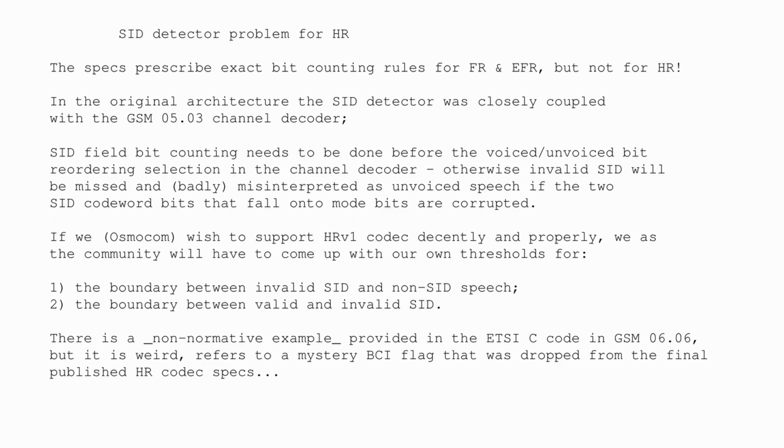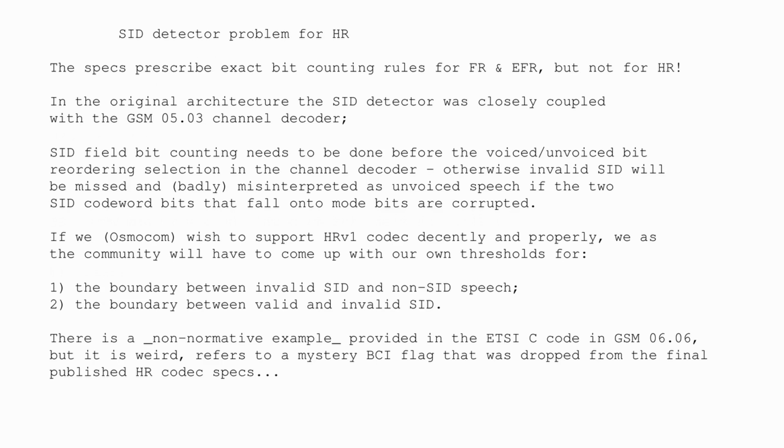In the case of the HR codec, when you do the GSM 05.03 decoding, there is this reordering step. I guess there's bit reordering in all of the codecs, but in HR, the difference is that based on the voiced versus unvoiced decision, it will use one reordering table or a different reordering table. And that reordering happens logically within the 05.03 decoder block.